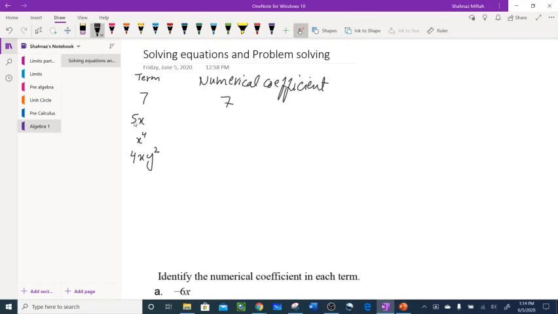So what is the coefficient in this term? It's 5, because that's the number. What is the coefficient here? I don't see any, but there is an invisible 1, so it's 1. What is the coefficient here? That's 4. So I just wanted to review this whole thing really quickly with you.